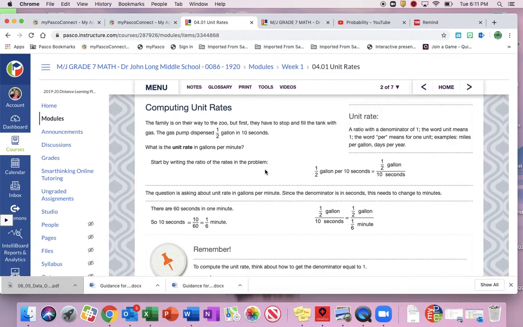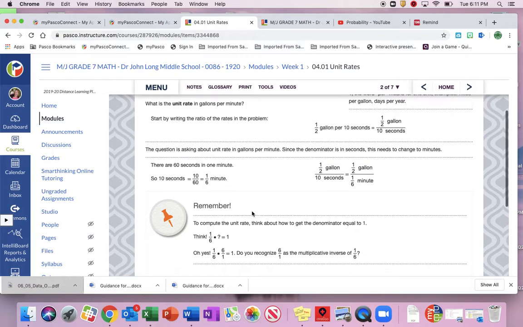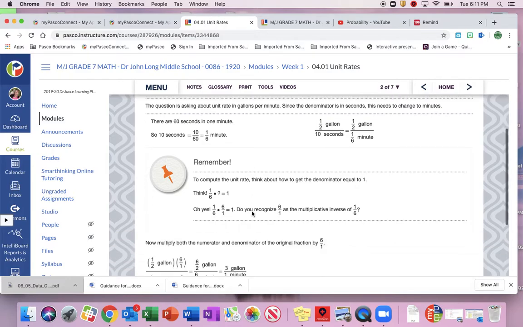And we are trying to change that into what is the gallons per 1 minute. Okay, there are 60 seconds in 1 minute, so sometimes you have to convert between units like inches and feet, or minutes and hours and seconds.